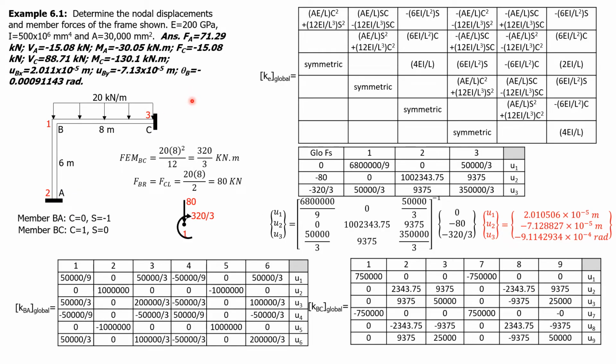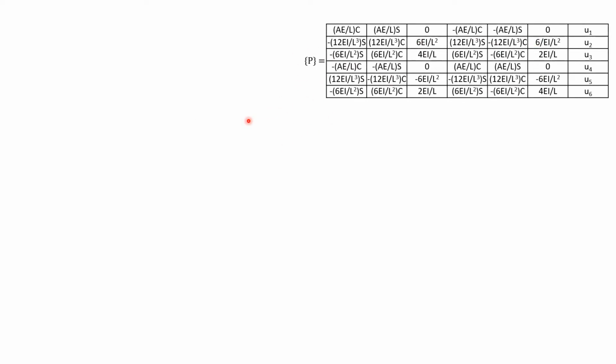Next would be the member forces. Remember that the cosine is 0 and the sine is negative 1 for member BA. This is the guide for member forces. This is the formula. So you have to also evaluate these values here, although U4, U5, U6 are all zeros, but we must have the values here.